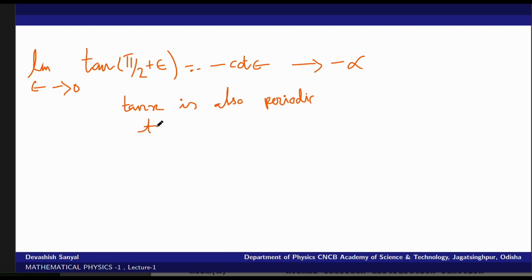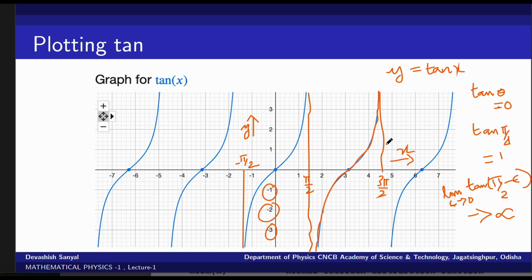It is pi, because tan of x plus pi is equal to tan x. So tan x has a period pi. This you can check from here.